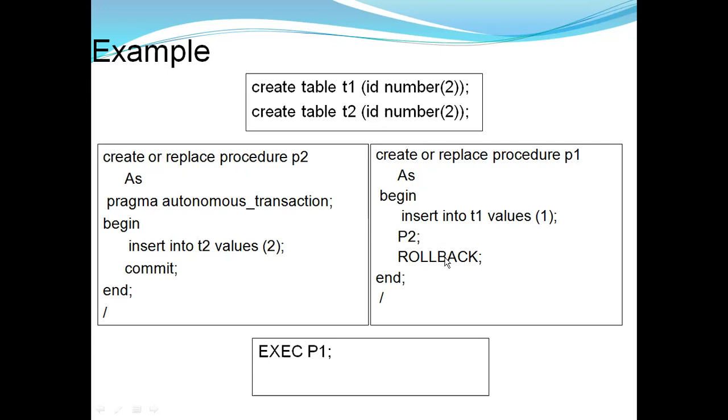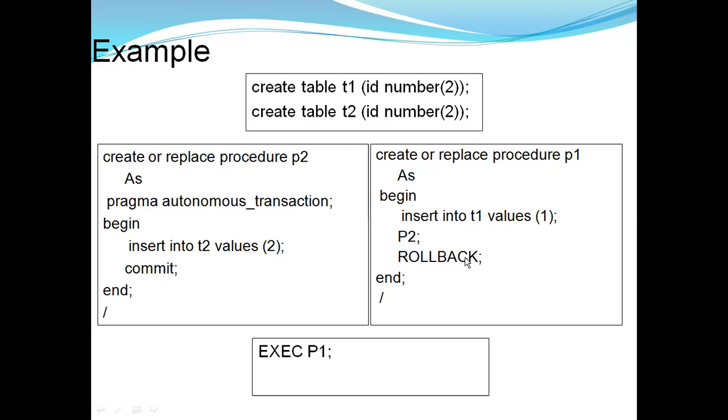Then this process is completed. Then we have a rollback as a part of procedure P1. But rollback reaches only up to the last commit. So now, the commit has happened before this, which means nothing should be rolled back. Correct? But since it is a pragma, this commit will be limited to this procedure only. It will not affect the entire transaction.